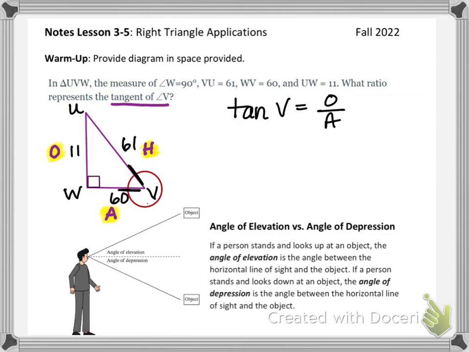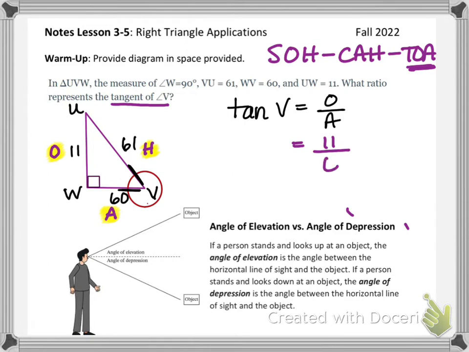So the mnemonic we use is SOH, CAH, TOA. So our tangent is the opposite over adjacent. So all I need to do is substitute the opposite length over the adjacent length. And because I was asked to just merely provide a ratio, I'm done. So 11 over 60 is my answer.